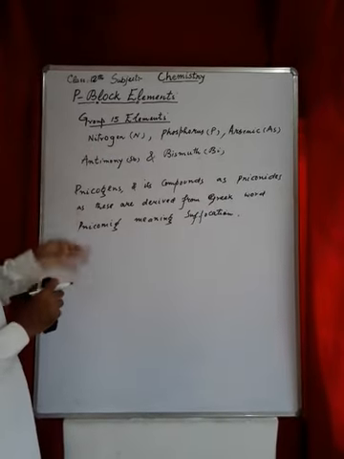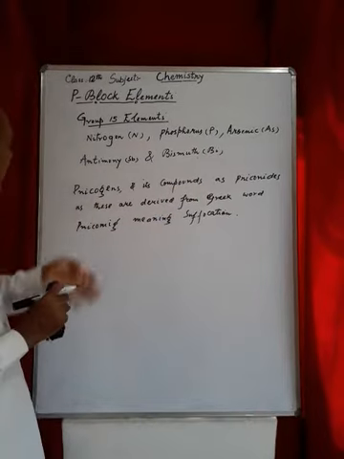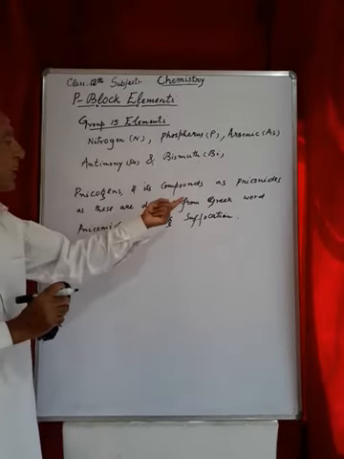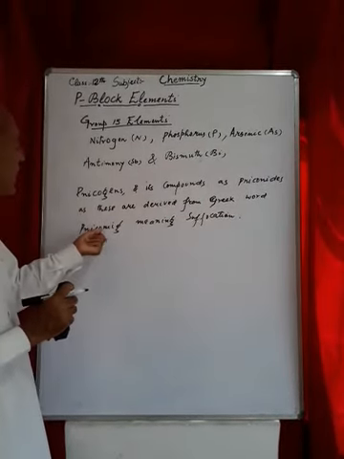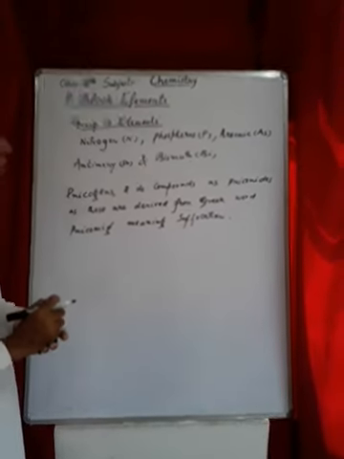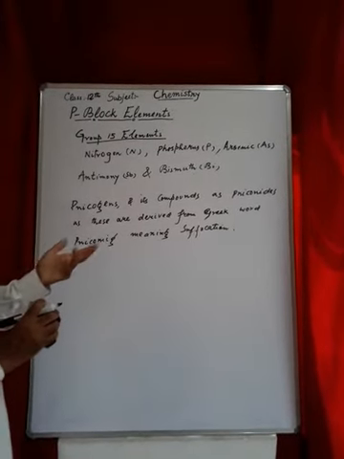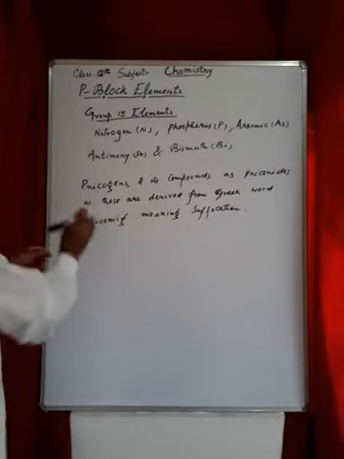They are also called pnicogens and their compounds pnictides because this is derived from a Greek word, pnigein, meaning suffocation, as these elements create suffocation.